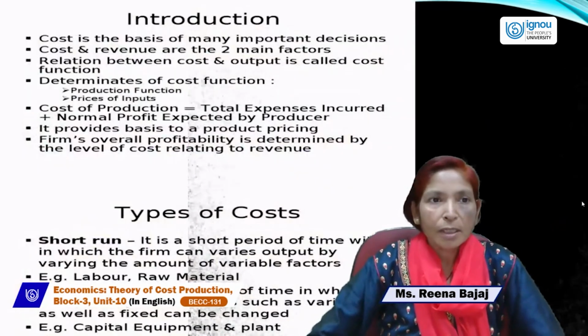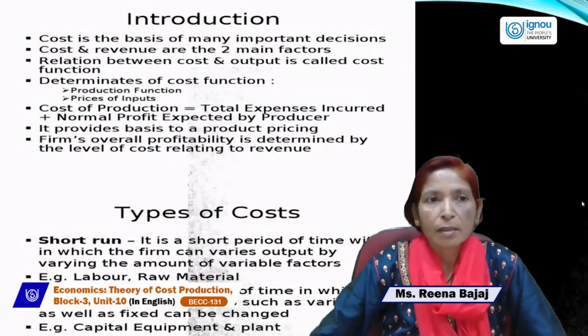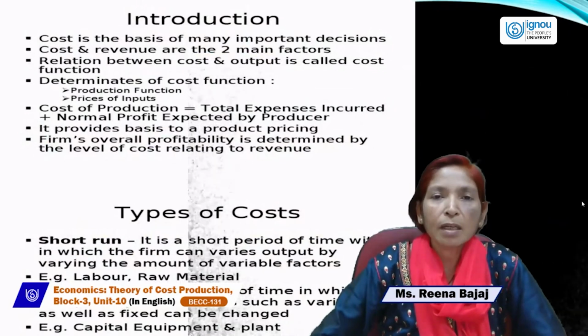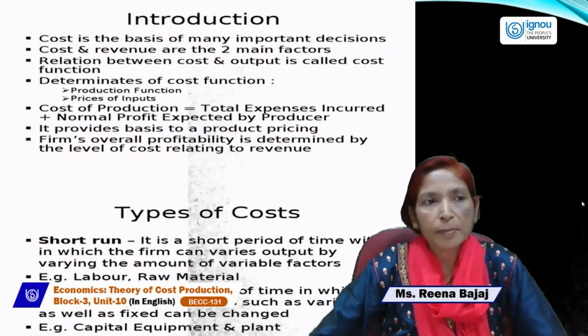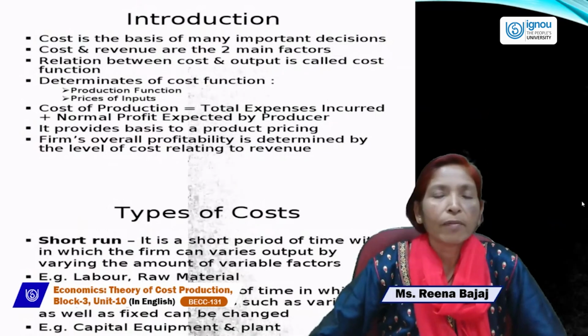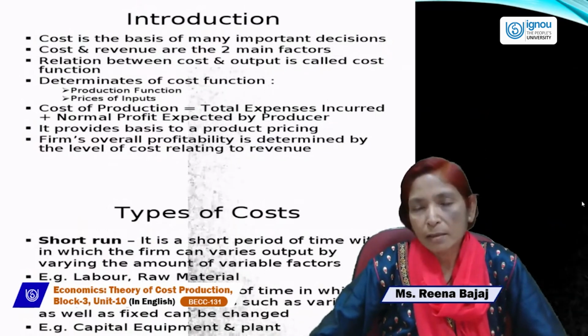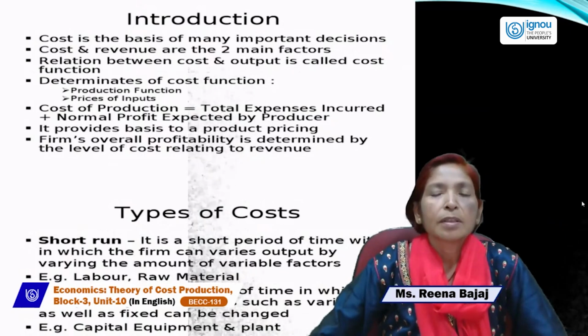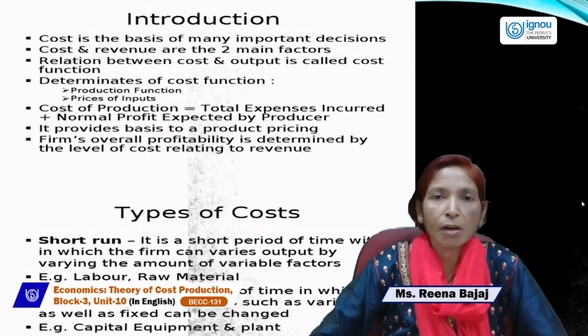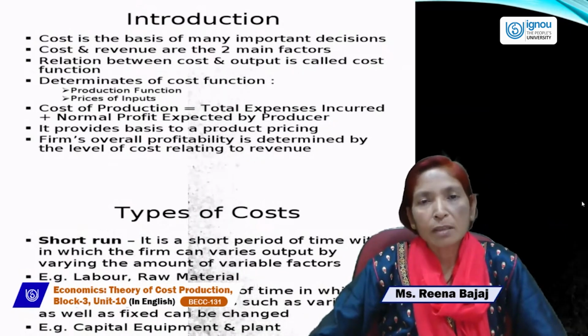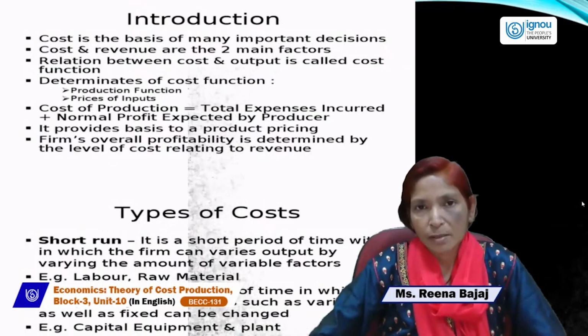Now, the introduction is that cost is the basis of many important decisions. Cost and revenue are two main important factors, and cost generally occurs while producing goods and services.